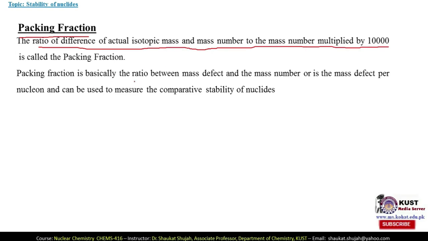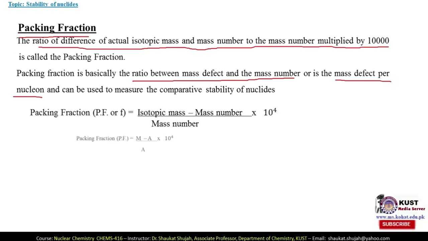And it is the ratio between mass defect and the mass number. Or simply I can say that it is mass defect per nucleon and can be used to assess the comparative stability of nuclides.